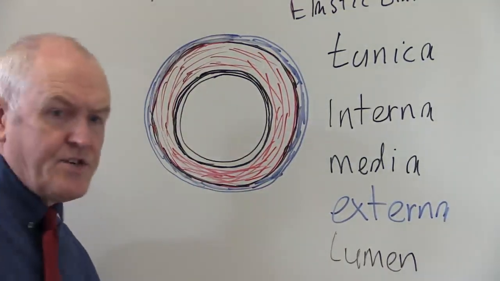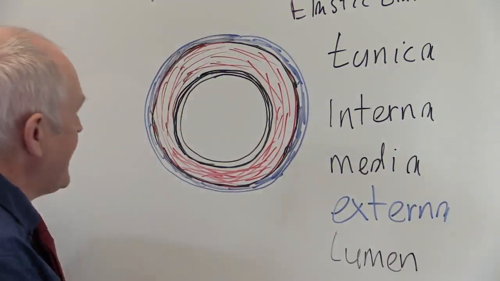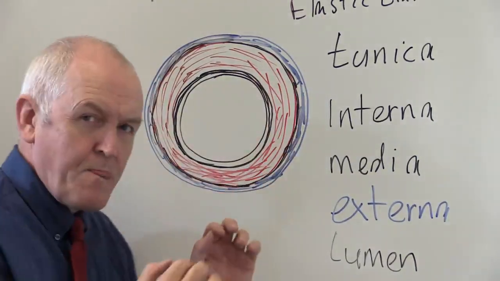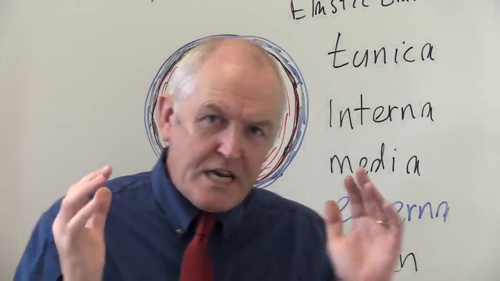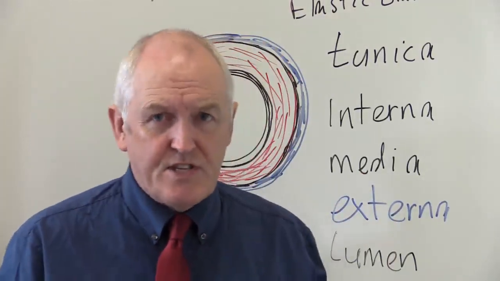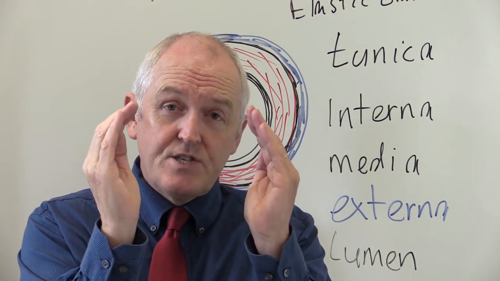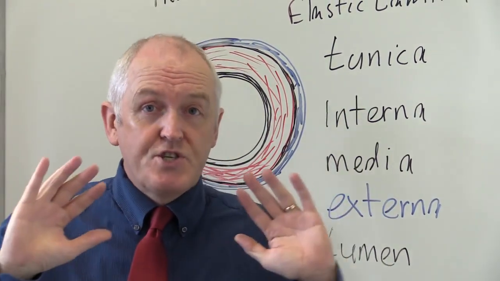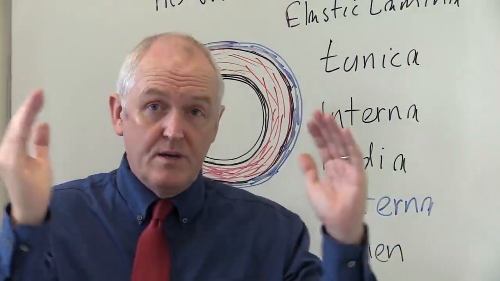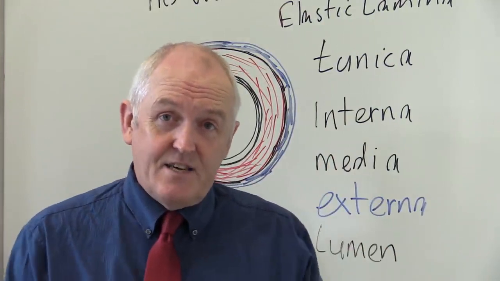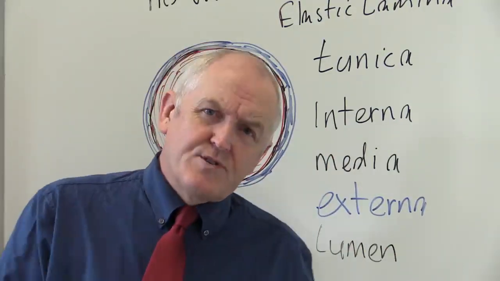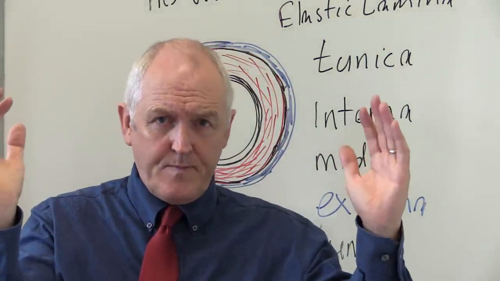Now the larger arteries are sometimes called elastic or conducting arteries, because when the heart ejects blood into large arteries such as the aorta or the pulmonary artery, the artery is going to expand with the surge, the pressure wave of blood that is ejected into those arteries as a result of the ventricular contraction.